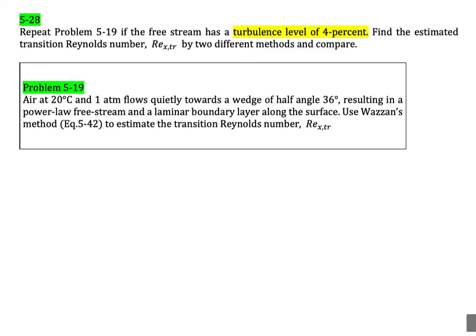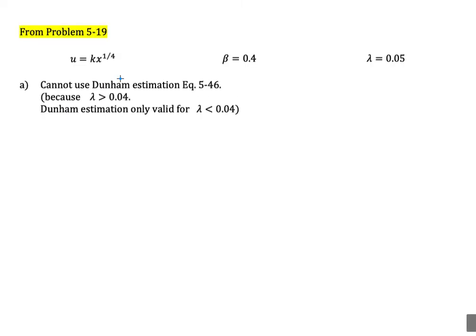Then we repeat problem 5.19 in this question. If the free stream has a turbulence level of 4%, find the estimated transition Reynolds number by two different methods and compare. This is problem 5.19. Based on the previous calculation, we know that U is equal to kx to the power of 1 over 4. So beta is equal to 0.4 and lambda is equal to 0.05.